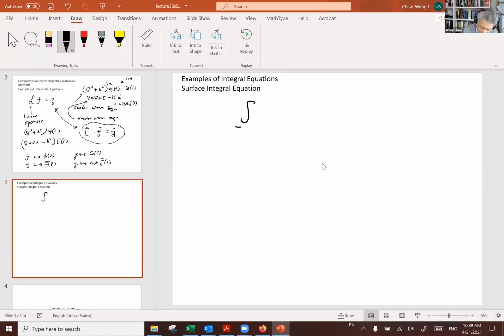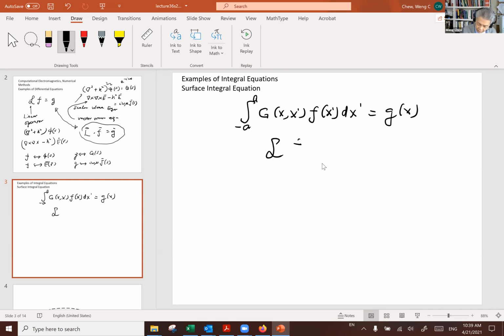For instance, if I have an equation written like this, where g might be the Green's function, okay, this will be called an integral equation. And you know that this is of the form of L f equals g as well, where g is this thing, f is that thing, and my L operator is that Green's function operator over there.